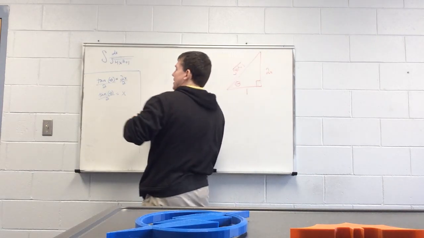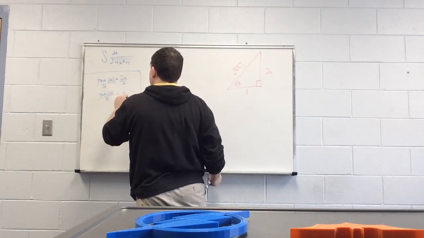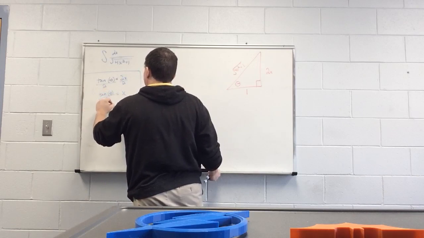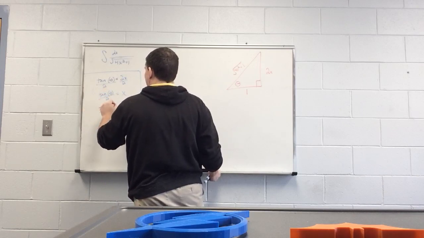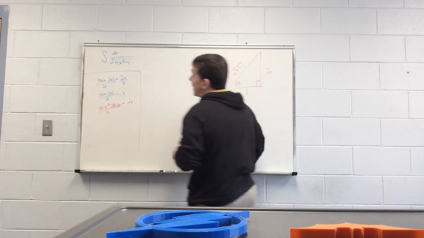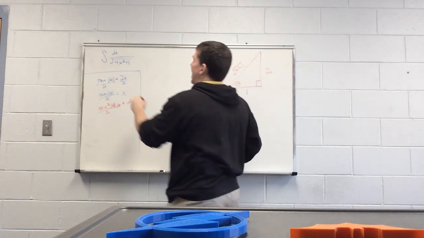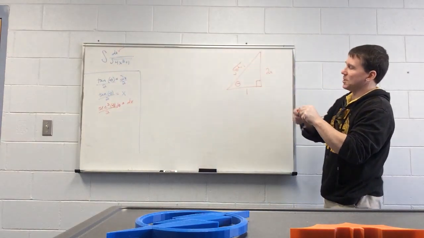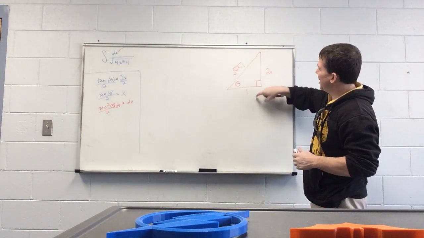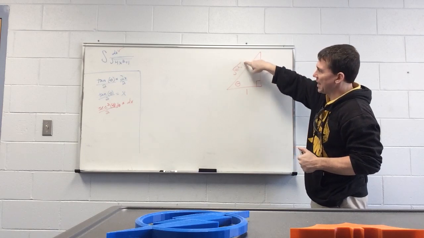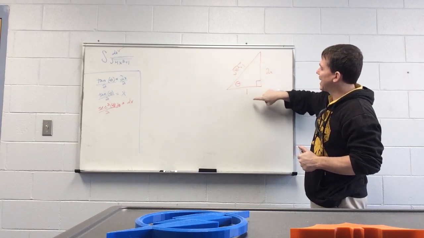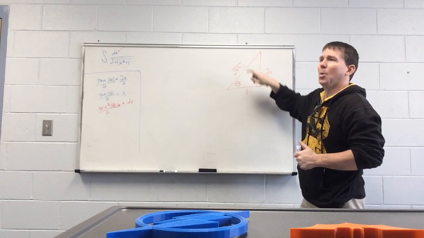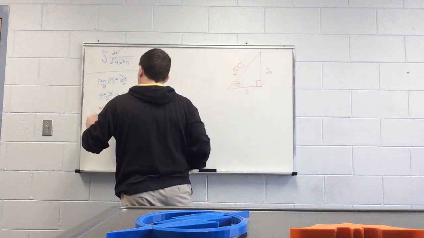Now I start finding all of that stuff. I need a dx, so I take the derivative of both sides. The derivative of tangent, we actually just said it, is secant squared theta. The 1/2 floats along, d theta. That will give me this part. Now I need the square root of 4x squared plus 1. So I go back over here, and we said relate what I want to the constant side. This is adjacent, that's hypotenuse, which is cosine.